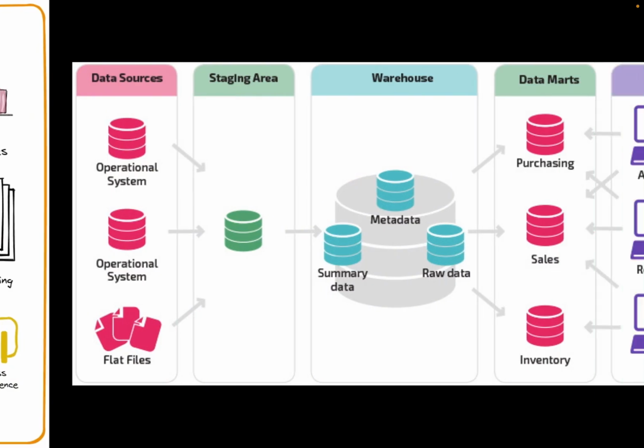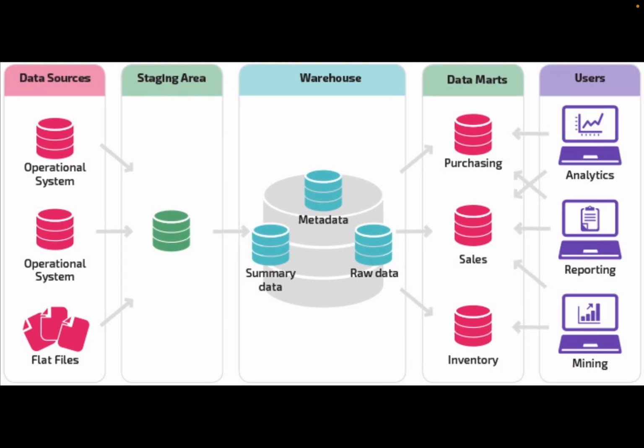Once it is stored in our data warehouse, our analysts, the next-level persons, will utilize this data and prepare powerful reports, like analytics, reporting, and data mining. It may be current data, future data, and historical data as well.